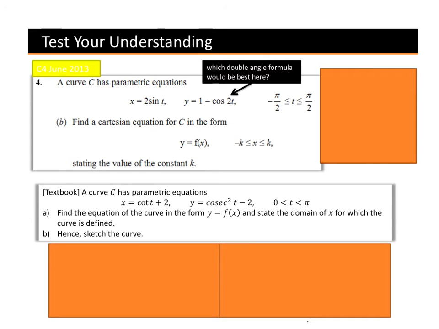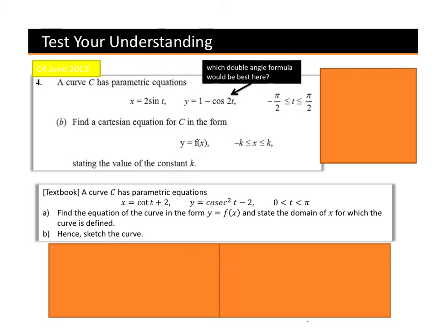So a curve C has parametric equations x equals 2 sine t and y equals 1 minus cos of t. Okay, so what double angle formula do we know for cos of 2t? If x equals 2 sine t, really I want sine t's, don't I? Yeah. So it's going to be 1 minus 2 sine squared t.